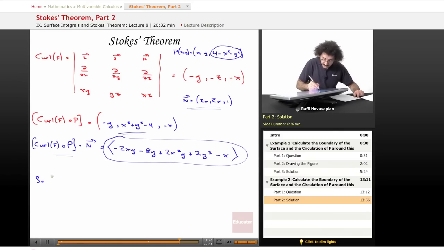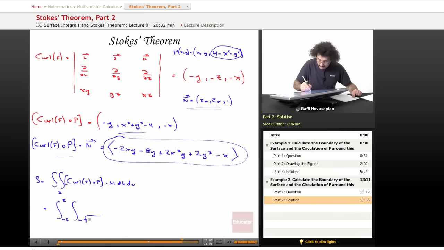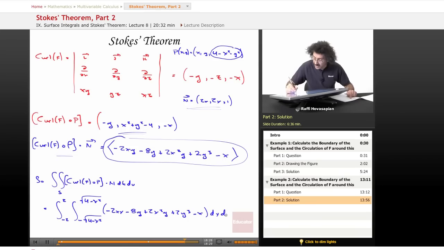And this one I'm going to write out entirely. The integral over S of the curl of F of p dotted with n dt du is equal to the integral from minus 2 to 2, from minus radical 4 minus x squared to positive radical 4 minus x squared, of minus 2xy minus 8y plus 2x squared y plus 2y cubed minus x dy dx.